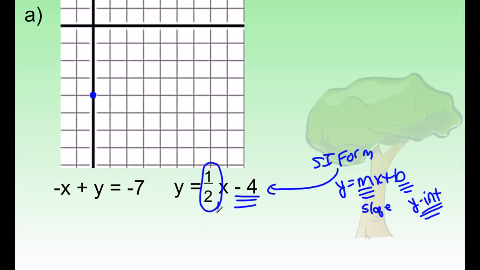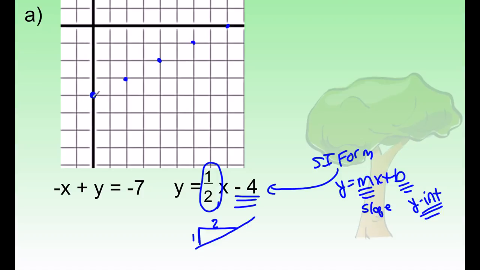Remember, that slope is the change in y over the change in x. So if that slope goes up 1 over 2, up 1 over 2, and repeat, you keep doing that all day long, these little stairs. This is my line.